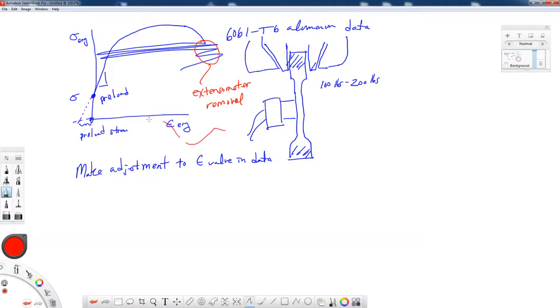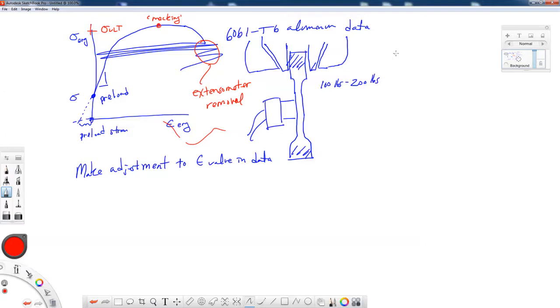Now, lastly, the other point I want to make about our stress strain curve then is that the highest point on the stress strain curve, we know that is the ultimate stress. There's a certain physical phenomenon that occurs around this ultimate stress, and it's called necking of the specimen. Necking.